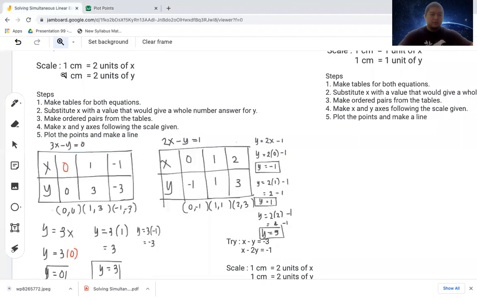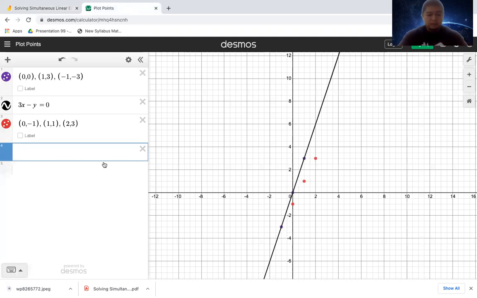And what you need to do now is to extend these points to make a line. So this is 2x minus y is equivalent to 1.